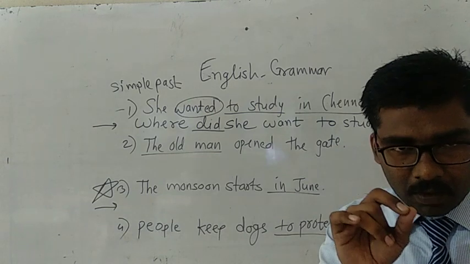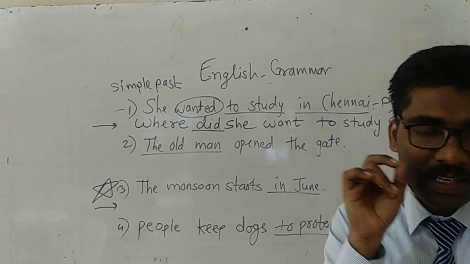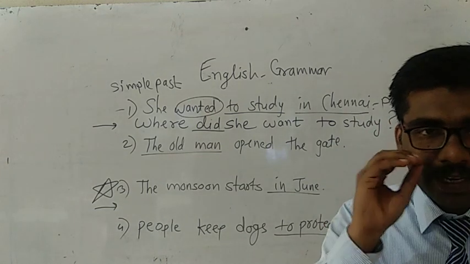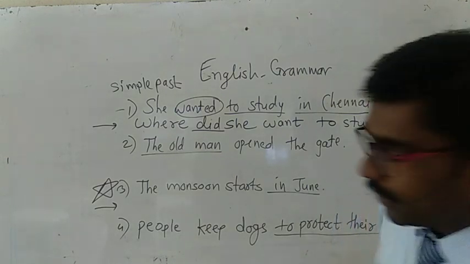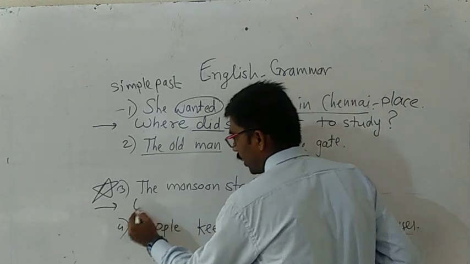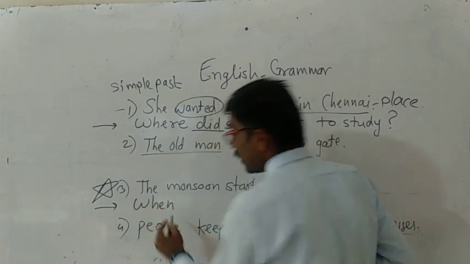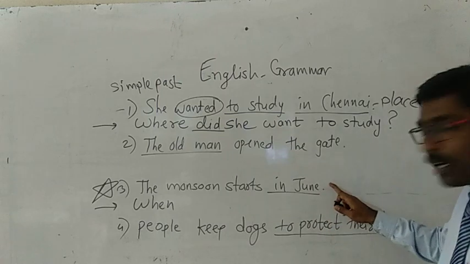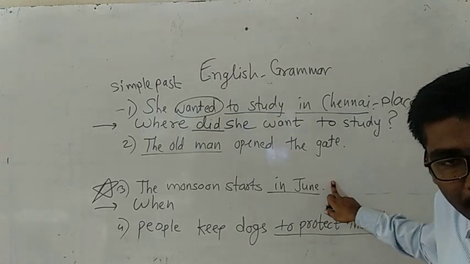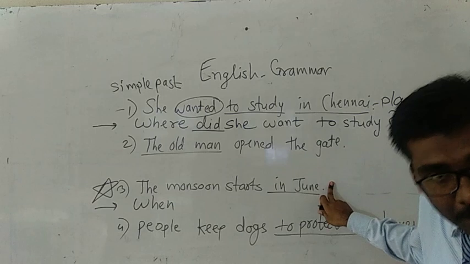Okay. Ashlesh Mamdapur, your answer is correct, but your explanation is wrong. Let me explain it. When is the WH word. Why? Because underlined part is in June. In June is a time.